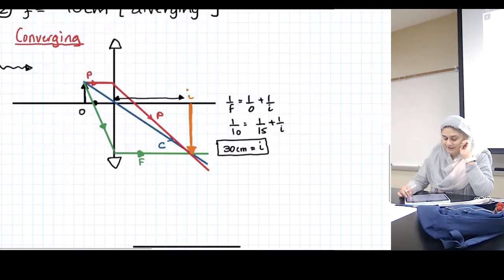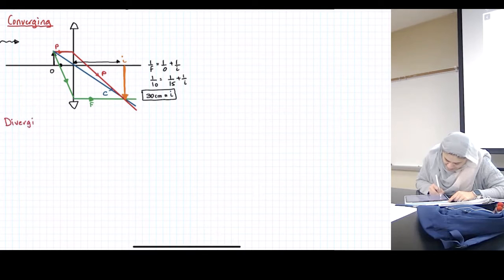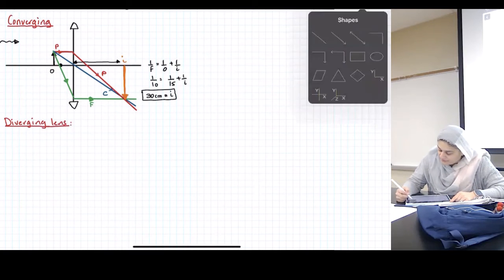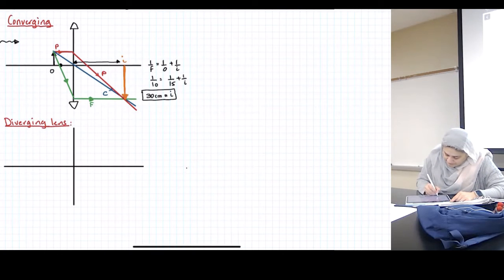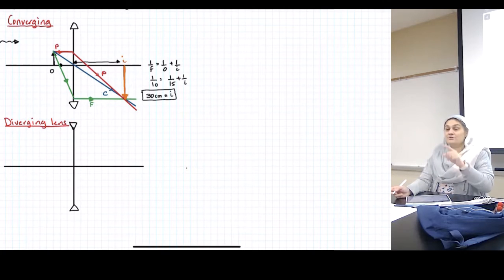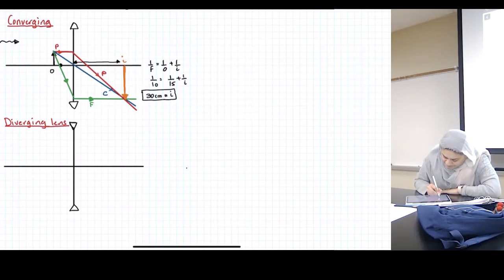Now look at the diverging case, the diverging lens. A diverging lens looks like this, and I don't fill it in. That means I have to use both focal points, keeping the focal length the same. So this is one focal point, this is my other focal point, and I'm going to use the same object at 15.